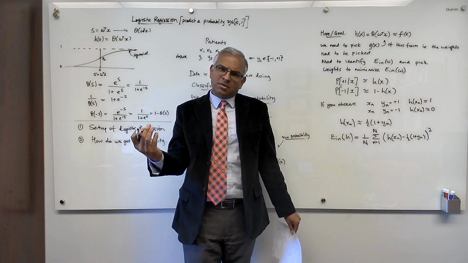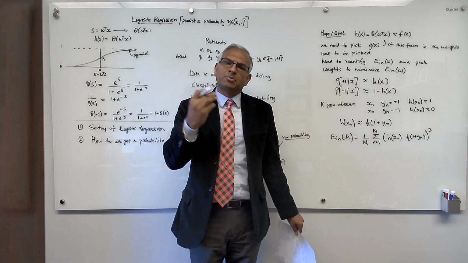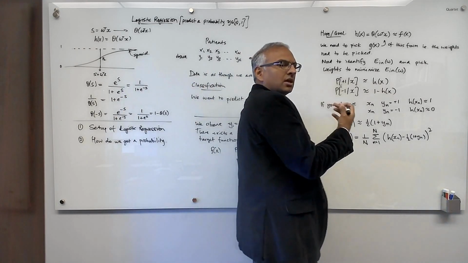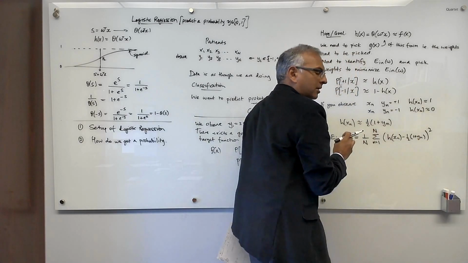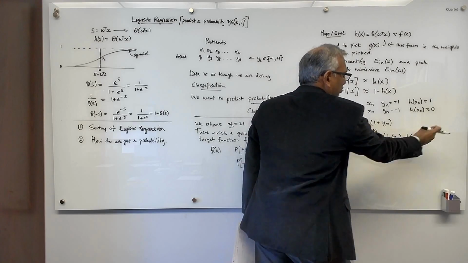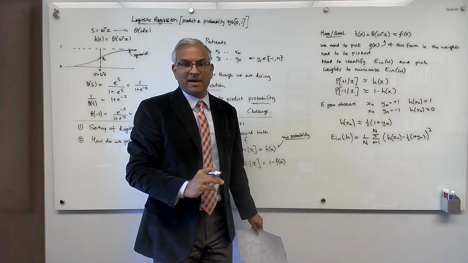Remember, in regression you try to get h of x_n to be approximately equal to y_n. Here we don't want that; we're constructing the squared error so that h of x_n is approximately equal to 1/2 (1 plus y_n). And that's a perfectly fine error to minimize.